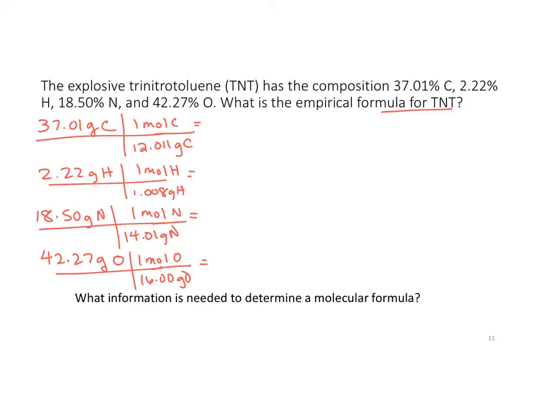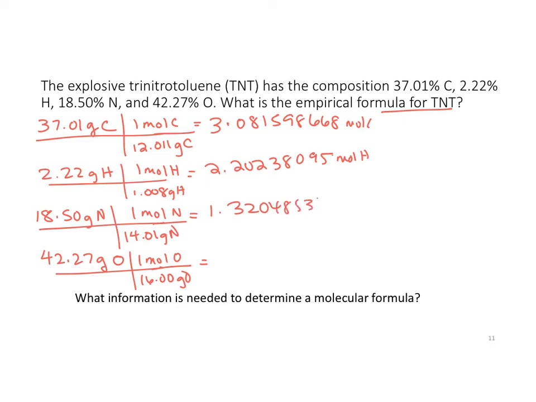37.01 divided by 12.01 is 3.081598668 mole of carbon. 2.22 divided by 1.008 is 2.202380952 mole of hydrogen. 18.50 divided by 14.01 is 1.32048538 mole of nitrogen.